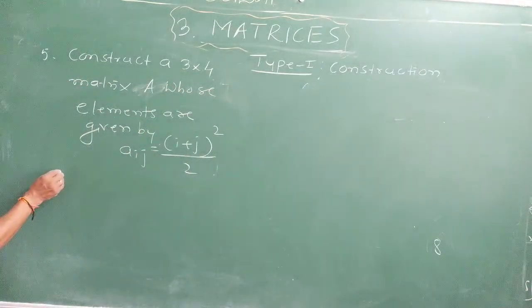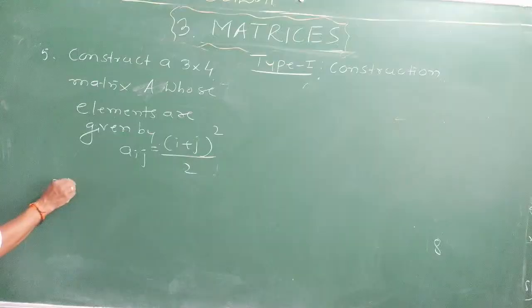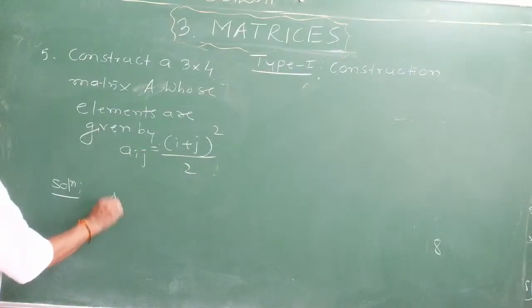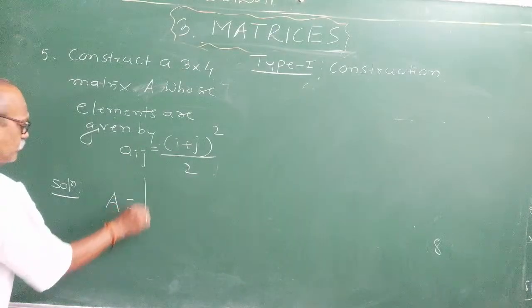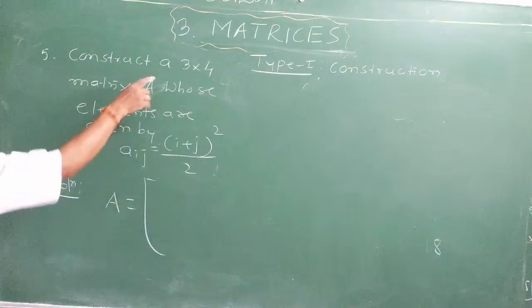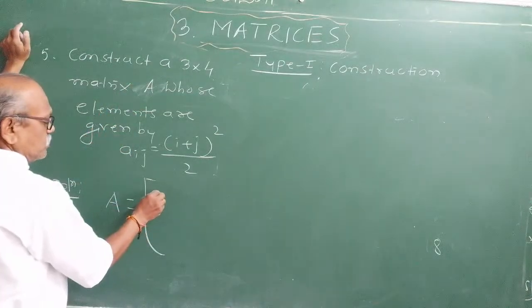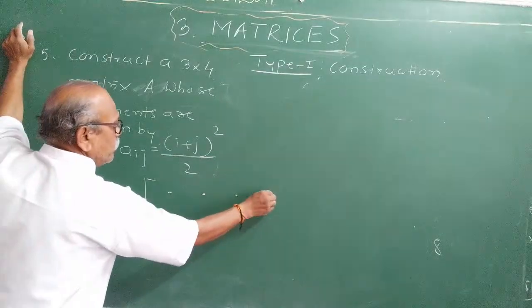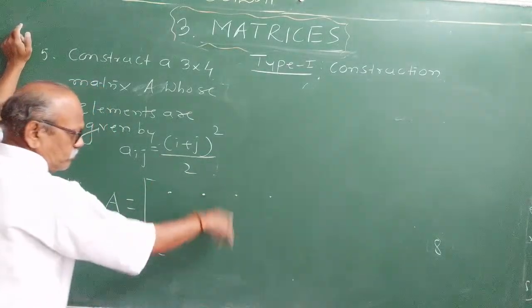The solution will be to construct a matrix of order 3 by 4. What is the matrix A? Matrix A is like this. It has how many rows? 3 rows and 4 columns. Columns means 1, 2, 3, 4 vertical columns.